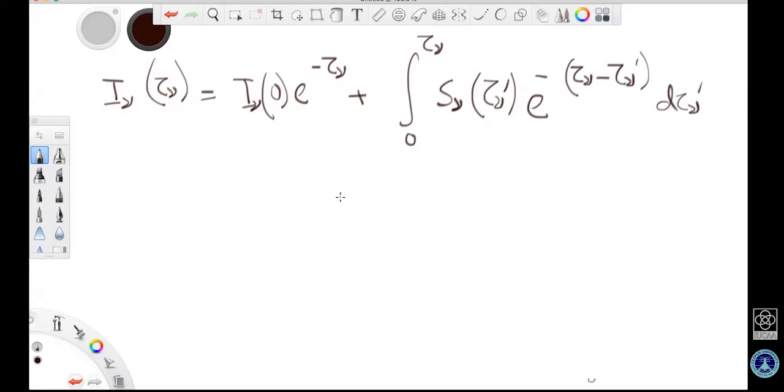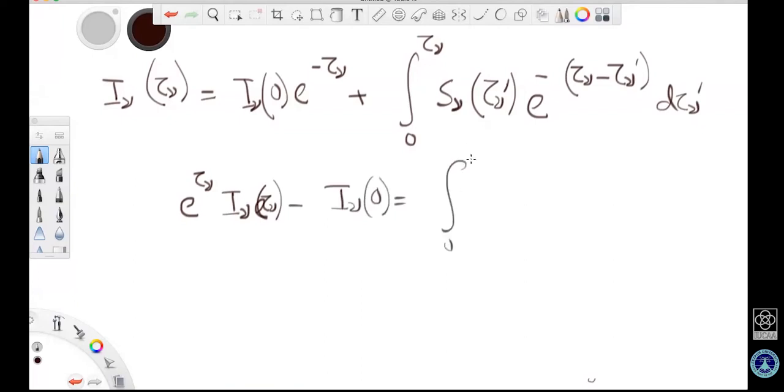This is exactly the same thing that I have written, by the way. The last thing I had before I erased, I had this equation written. I should have kept that. This is what I had on the board.